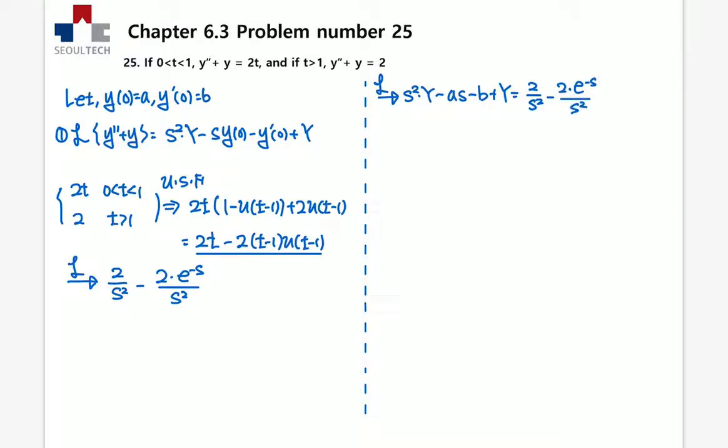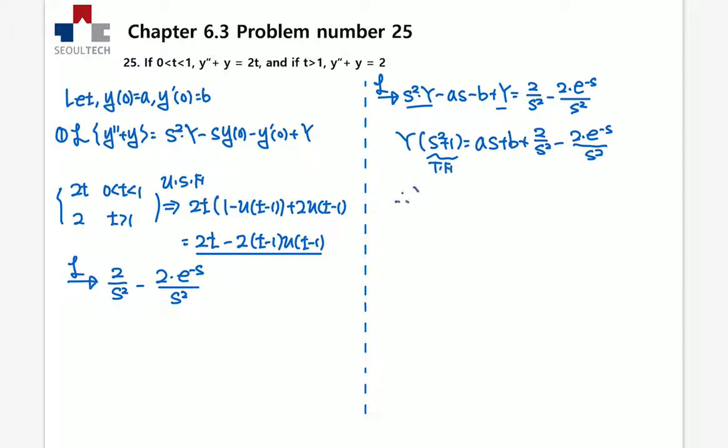Tidying up, capital Y times (s squared plus 1) equals a times s plus b plus 2 over s squared minus 2 times e to the minus s over s squared. So we find the subsidiary equation, and this is a transfer function.